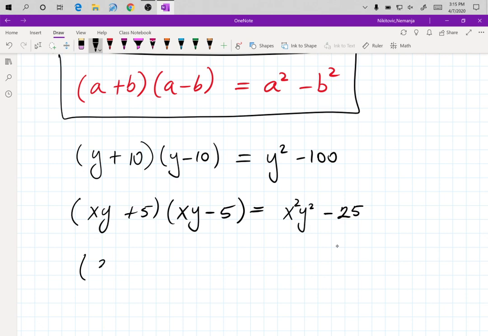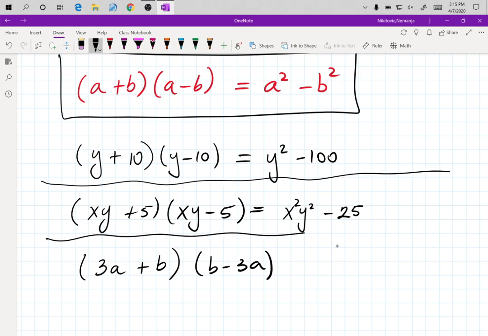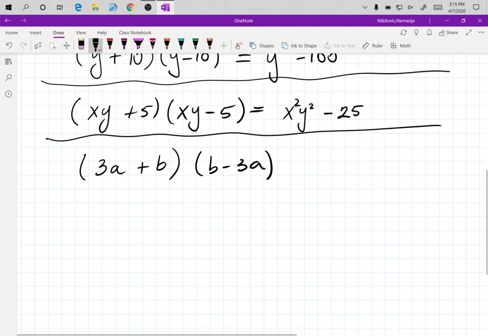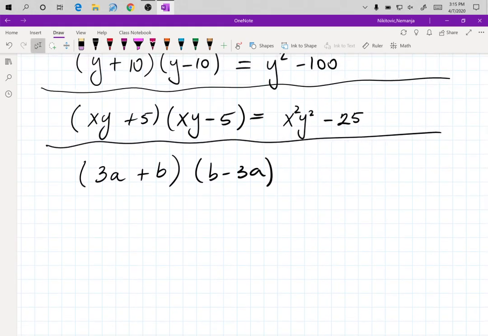How about 3a plus b and then b minus 3a? Well, they do have the same members, but they're not in the same order.